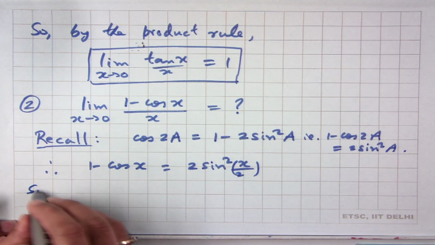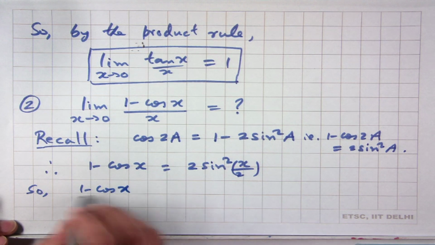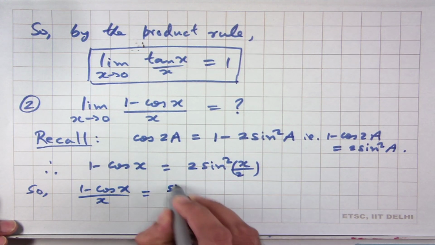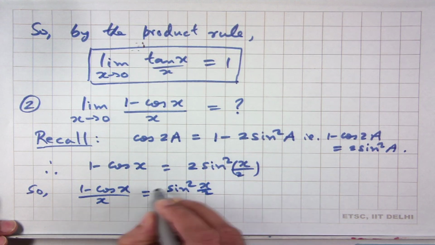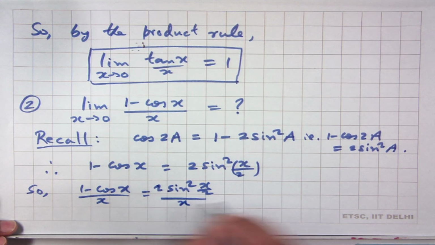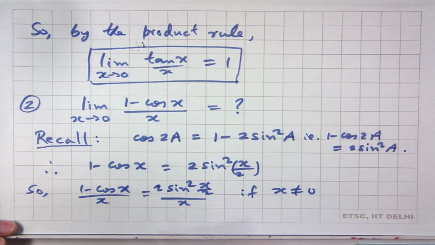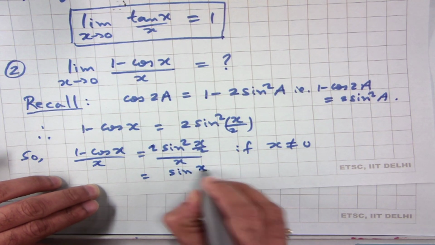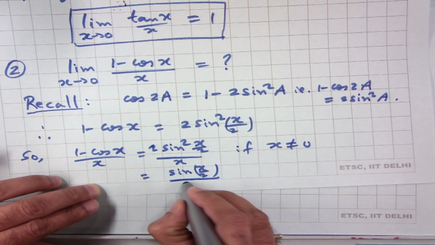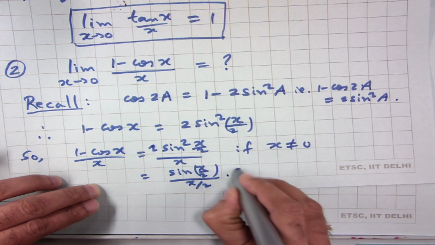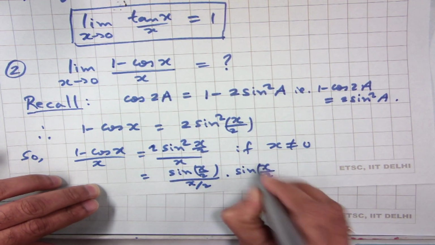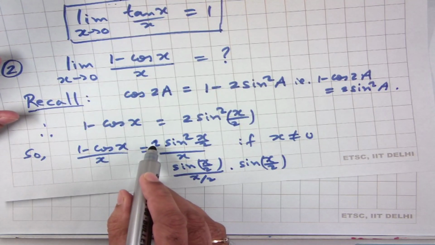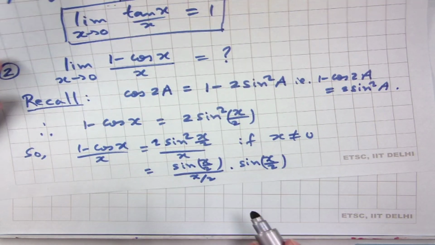So, 1 minus cos x by x is equal to 2 sine square x by 2 divided by x if x is not equal to 0, and then we can write this as sine of x by 2 divided by x by 2 times another sine of x by 2, right. I just brought this 2 in the denominator. So, I get x by 2 here.